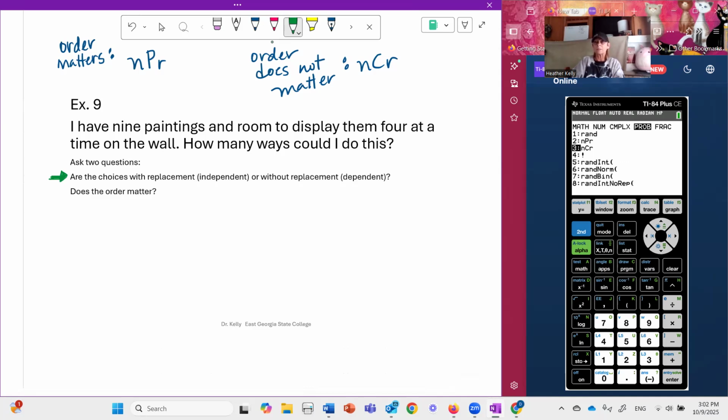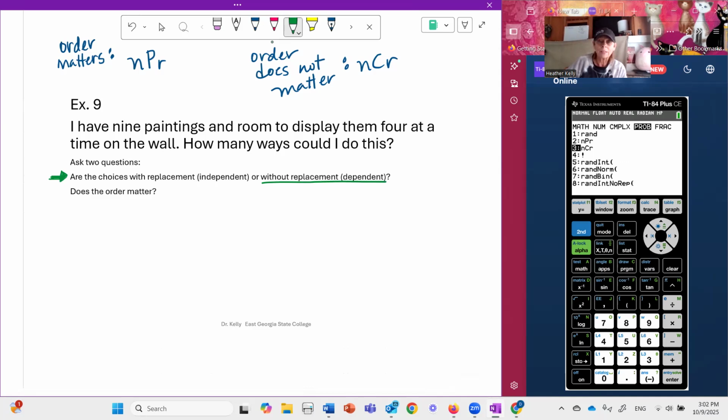Does that make sense? So some of these questions you're going to have to think a little bit deeper on to be able to answer that. It's not going to be blatantly said with replacement, without replacement. You're going to have to decide what that situation bears. In this place, it is without replacement. Okay.